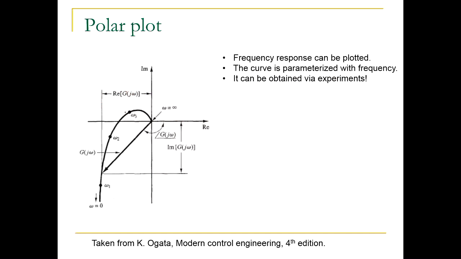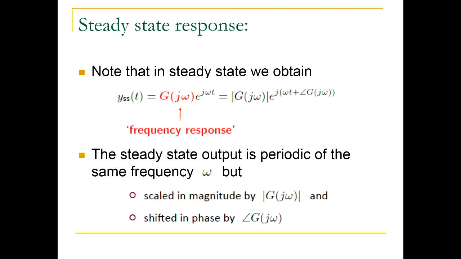Now, the next slides will introduce a graphical representation of the frequency response. By the way, the frequency response is this G(jω). In experiments, the frequency omega that we are interested in would be just positive, from 0 to plus infinity.